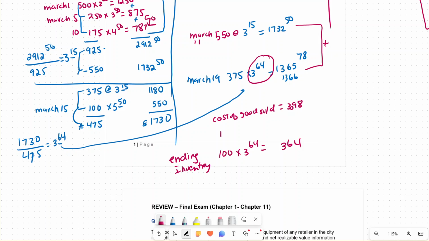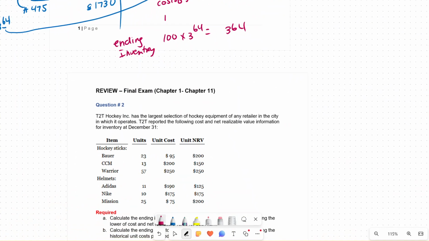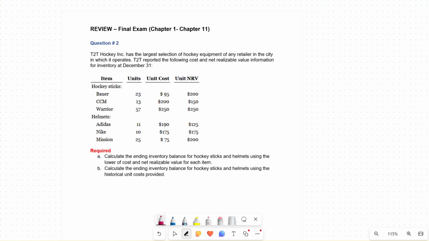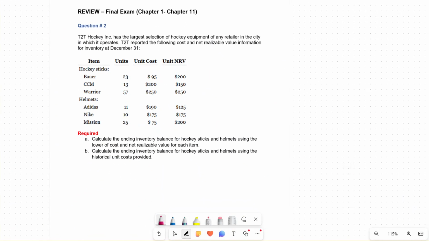Now going further, my next question is one we did in class, and a similar type of question will be asked. Now we have to calculate the ending inventory balance for hockey sticks and helmets.